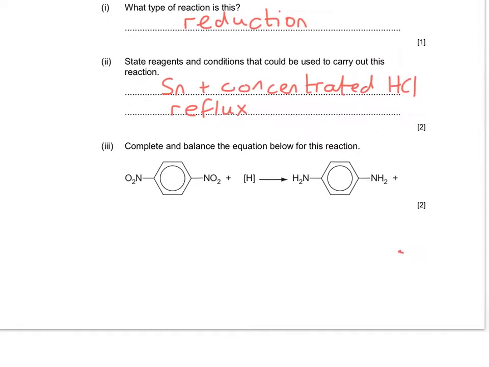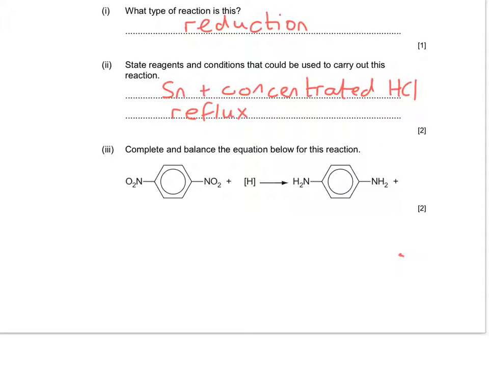Moving the question down a bit, it says complete and balance the equation below for this reaction. First thing to remember is that we're actually producing H2O as well as a side product. But the number of H2Os will depend on the number of oxygens you're replacing. If you look at this closely, you can see that you've got 2 nitro groups turning into 2 amine groups.